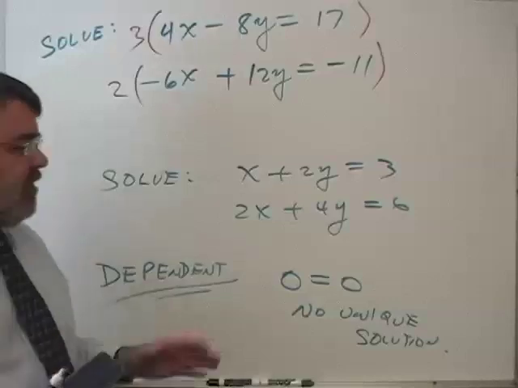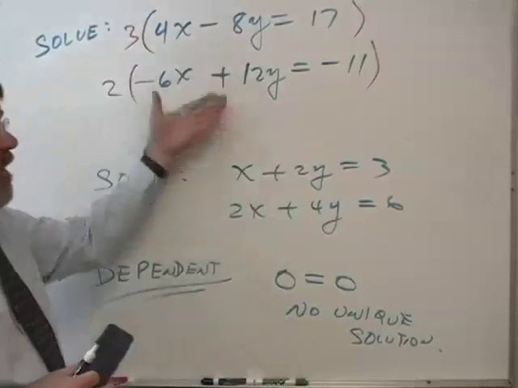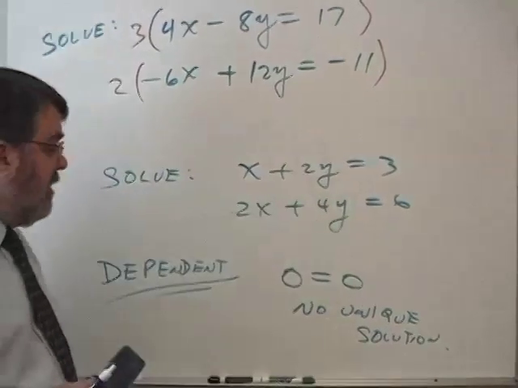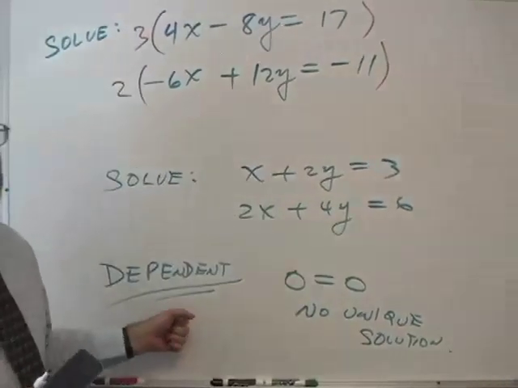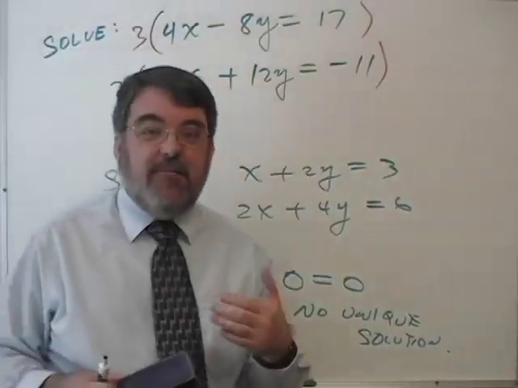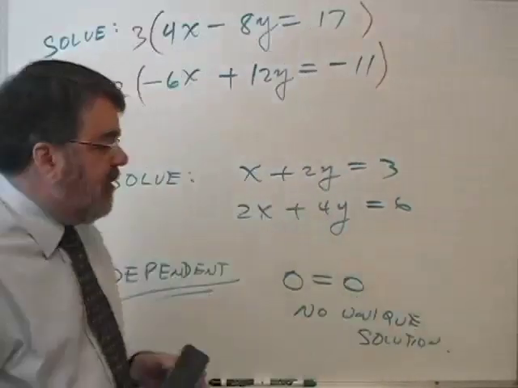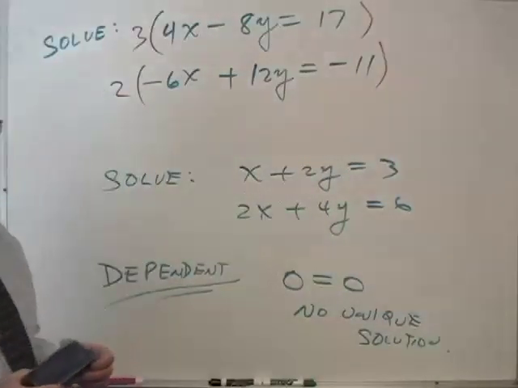It turns out that when you have larger systems of equations, with more variables, and you run into the dependent situation, from a mathematical standpoint, that's actually very, very interesting. And you would have to study math at a considerably higher level.